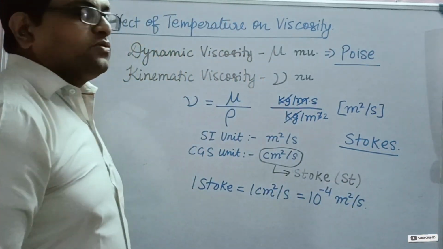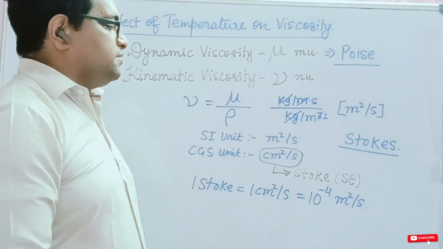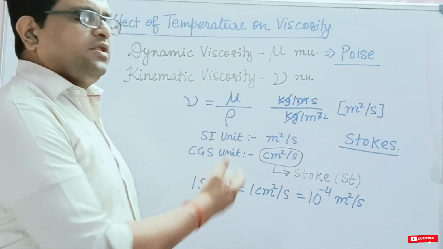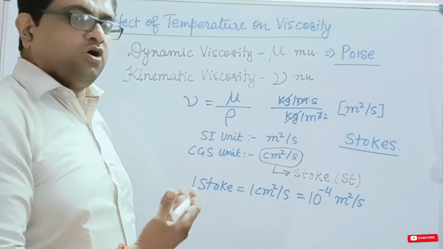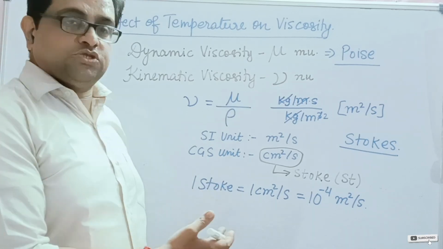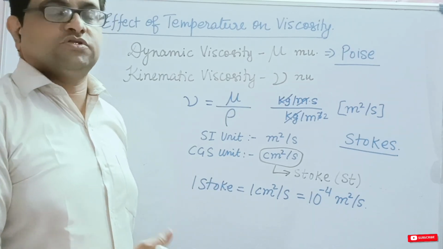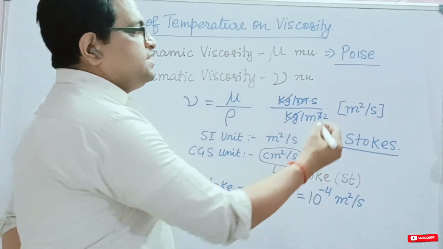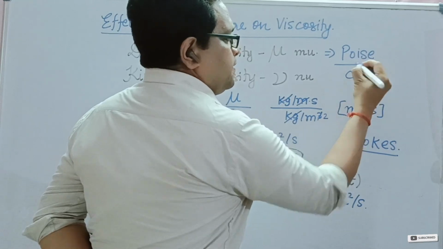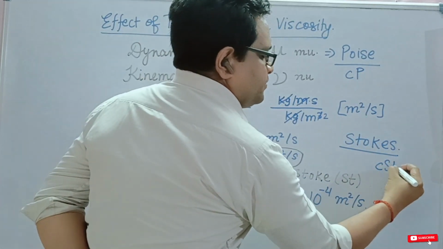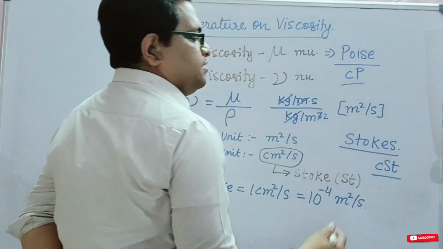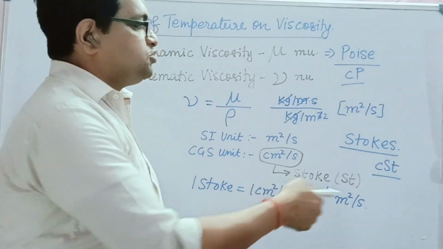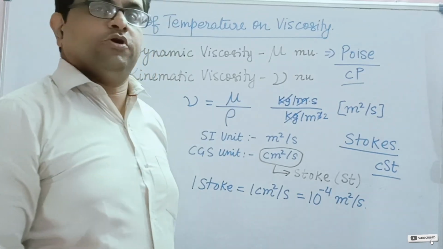It is very important to remember both terms and the conversion, because in numericals we will generally encounter the viscosity given in terms of poise or Stokes, or we may be asked to find the viscosity in terms of poise or Stokes, or even in terms of centipoise or centistokes. So we know that centi is 1 upon 100th of the Stokes or 1 upon 100th of the poise.